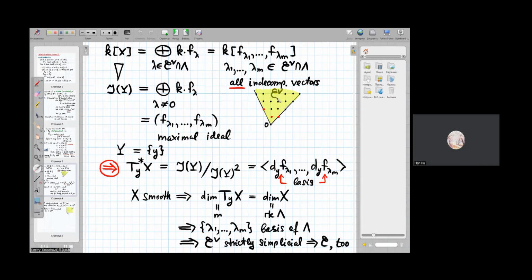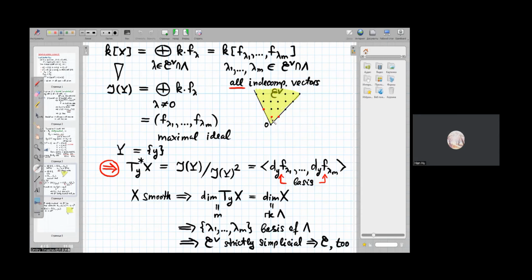I mean, not of C check, but of the dual cone. But every lambda in C check has a positive pairing with at least one of the extremal rays of C, because C is pointed, and C check is also pointed.